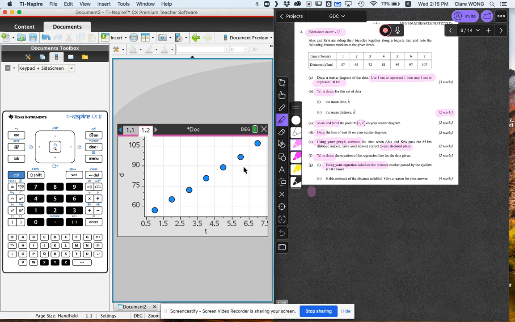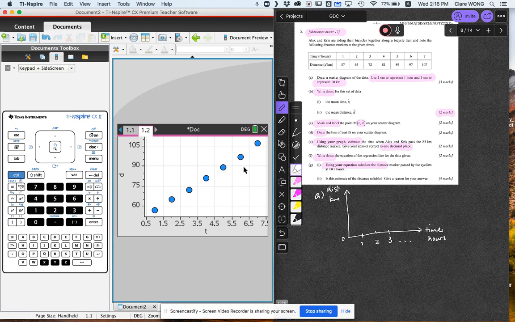For you, on paper, you need to pay attention to that you have your distance here and your time here. Starting from 0, you need to have in hours. This is in kilometers. And with the scale, 1, 2, 3.